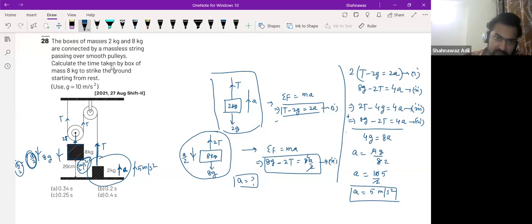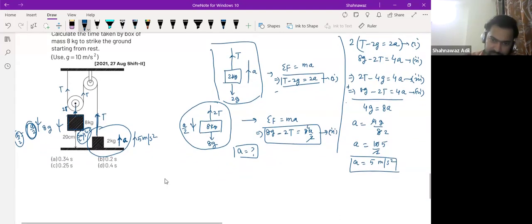What was the time? Calculate the time taken by the box of 8 kg. So we have to apply the second equation of motion. S is ut plus half at square. S is 0.2 meter that this has to cover. Initial velocity is 0. Half a is 5 by 2 and t square.